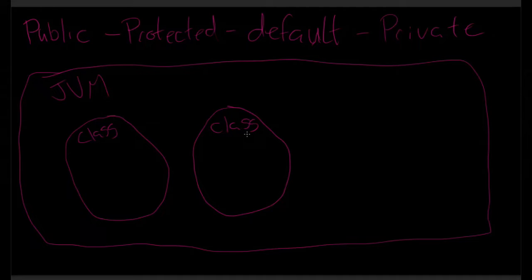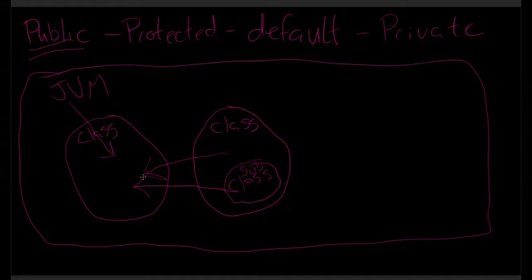So if a class is public, and I'm going to grab a new layer real quick just so I can get rid of it as soon as we're done, what this means is that the JVM is able to see this class no problem. Other classes are able to see this class. Even subclasses within the class, let's just call it sub, should also be able to see this class because it's public. Everyone can see it, right?